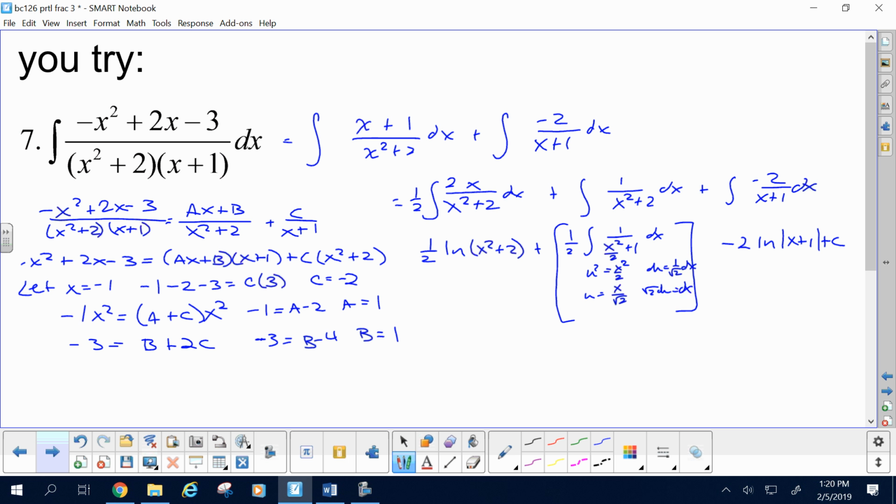So with substitution, it becomes something like 1/2 root 2 du over u squared plus 1. So in the end, I get root 2 over 2, or 1 over root 2, arctangent of x over root 2 there.